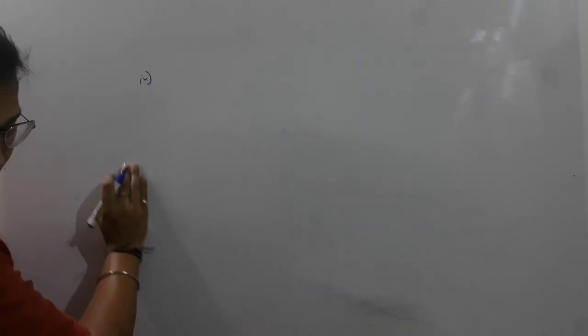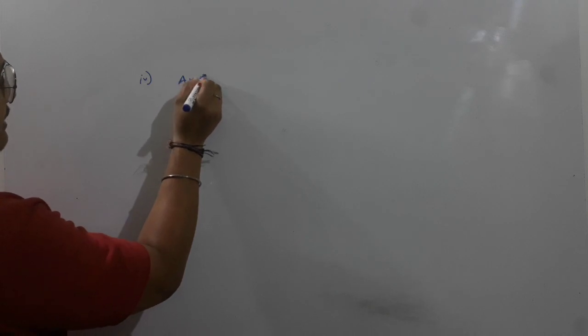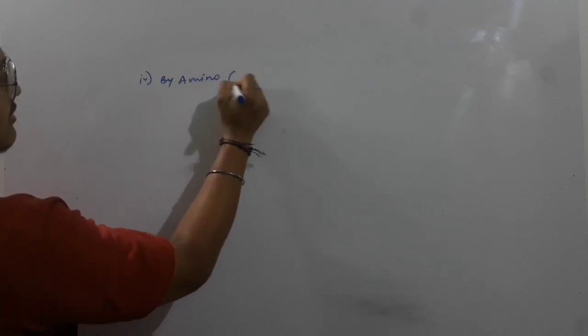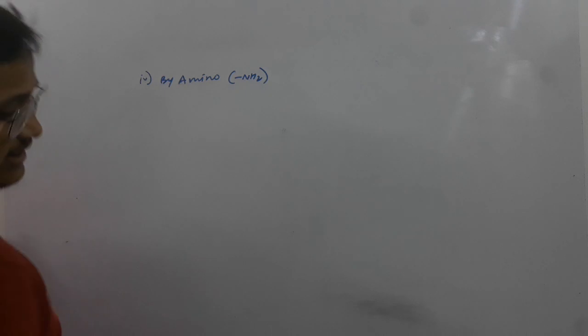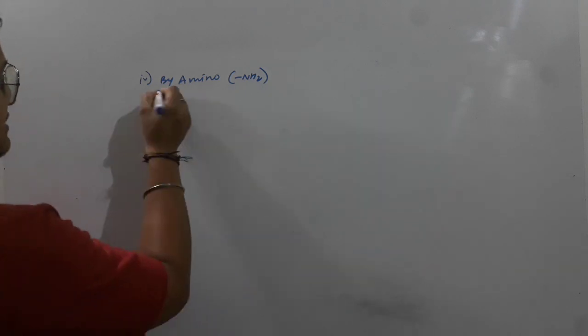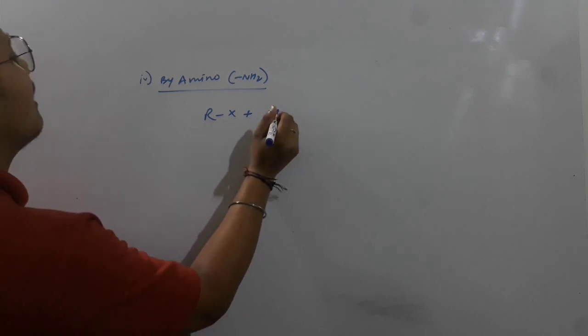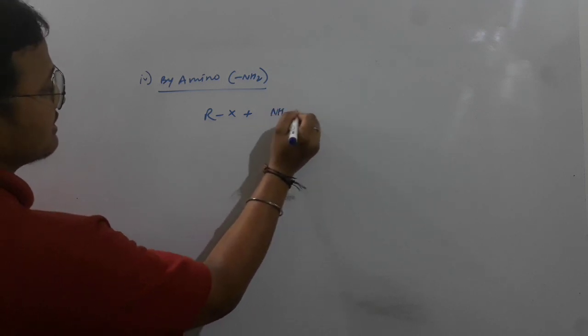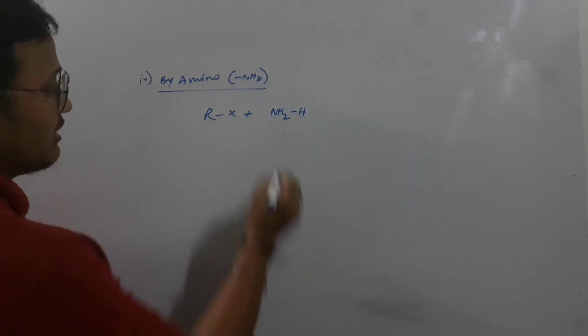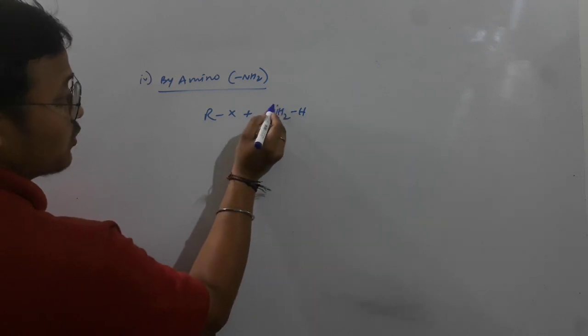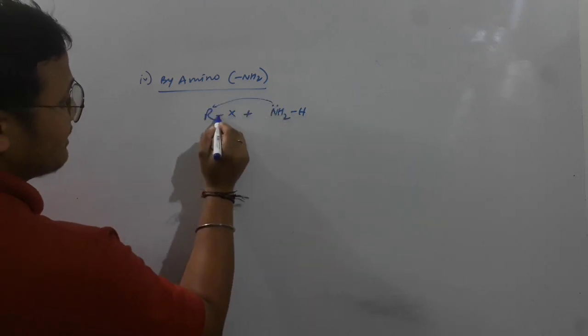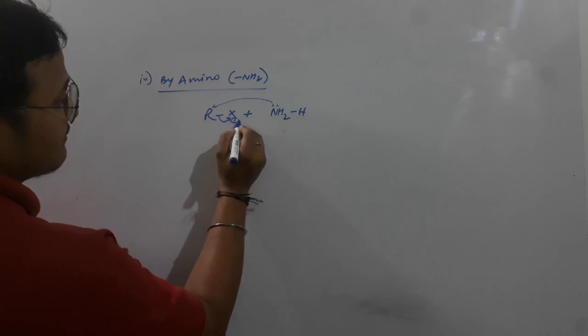And if we talk about the amino group, your NH2, here also we can have this. So RX plus, say we are reacting with ammonia. It has an electron pair, so it will come and attack here. The halogen will go there as negative.